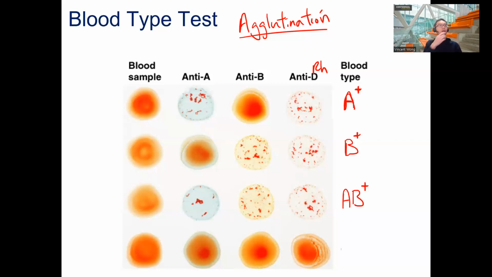Sorry, go ahead, please. No, sorry, just a quick question about the blood sample. When it reacts to the antibodies, let's say the first one, A, right? This one? Yeah. Wouldn't it react with B? Your blood sample is just going to be the red cells, right?